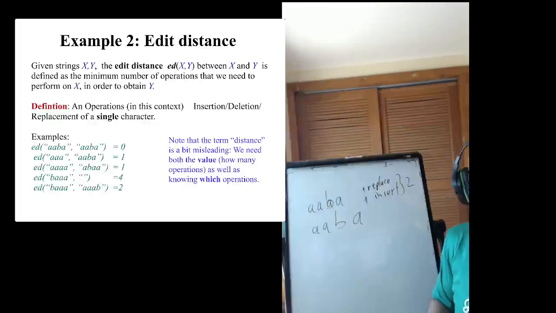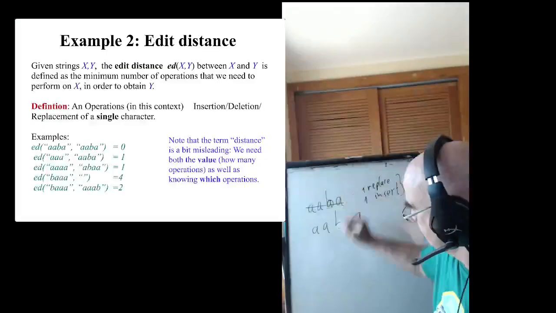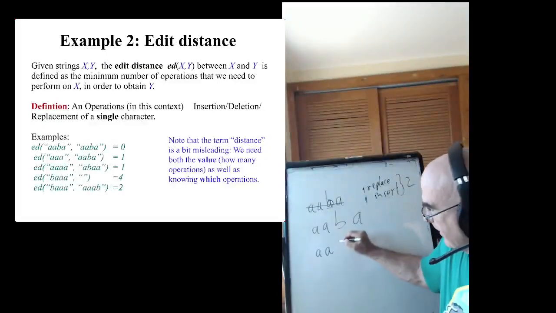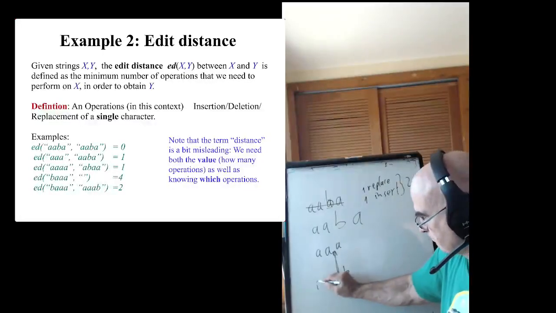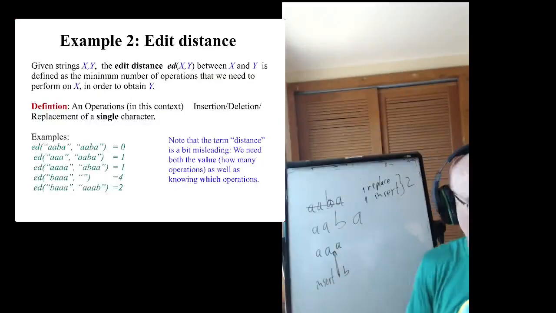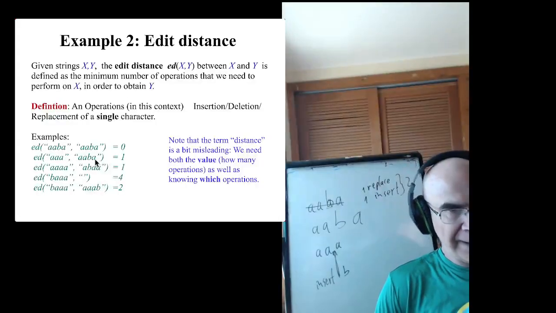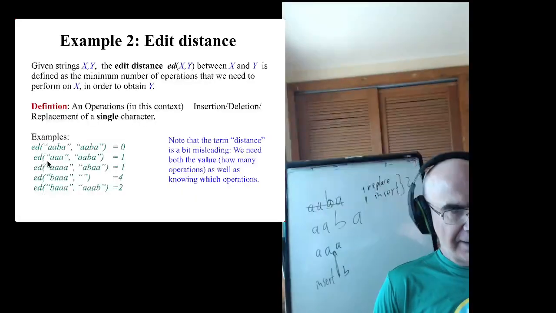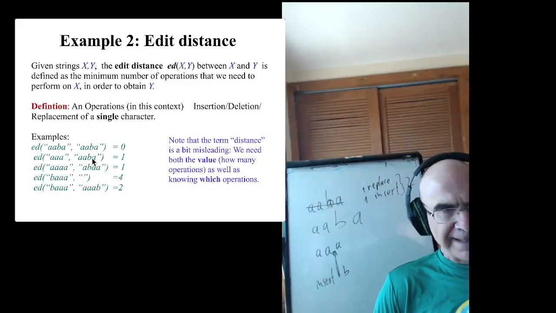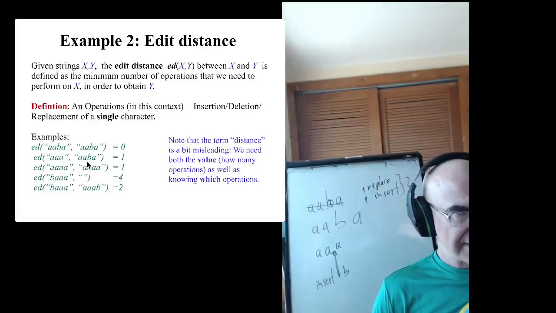That's one option, but you can get the same result by just taking A A, and just inserting B in between. Just one operation, hence the edit distance from AAA to AABA. You always pick the cheapest sequence of operations. The error is 1. You can get from here to here by just inserting one character. It's not the only explanation, but that's the cheapest one at least.